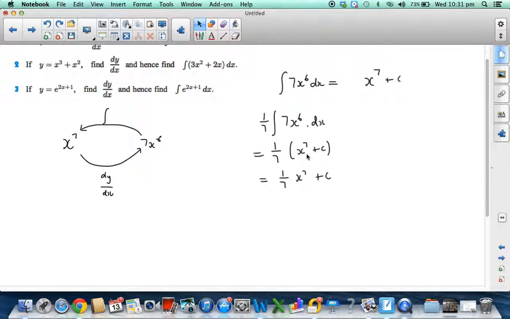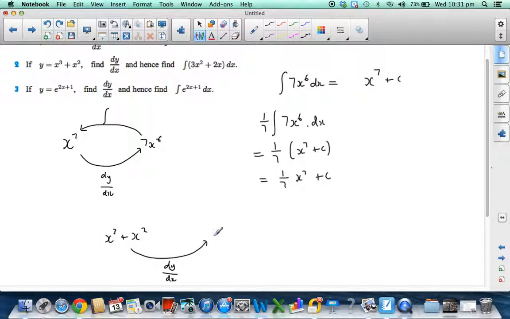The next one, part 2, which says if y equals x cubed, I'll just get my pen up. It's saying if y equals x cubed plus x squared, find dy on dx. So I've got here, and I might look at it both ways here. So x cubed plus x squared. If I was going to go dy on dx, that would be equal to 3x squared plus 2x, wouldn't it?